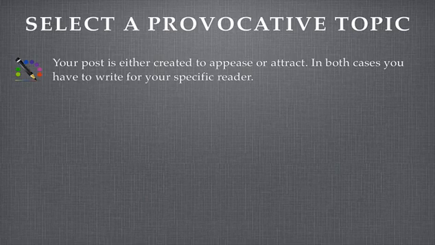So these are two completely different schools of thought when it comes to blogging. Are you blogging to appease your current subscribers and give them the stuff they want, or are you blogging to attract new people? And in both cases, you have to write for your specific reader, whether it's for the reader that you're trying to attract or the reader you're trying to appease.